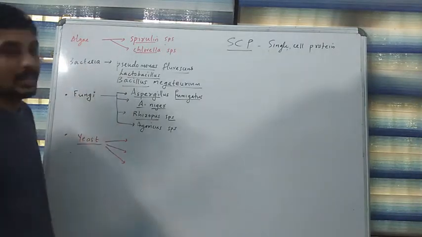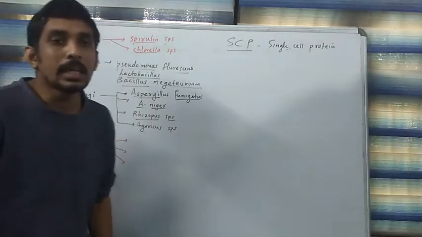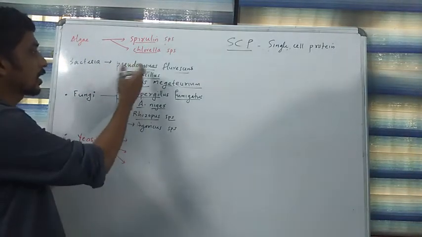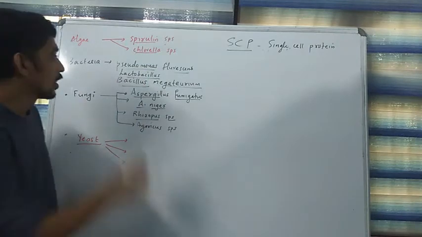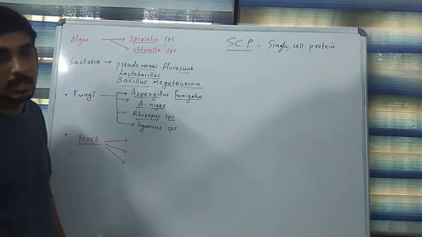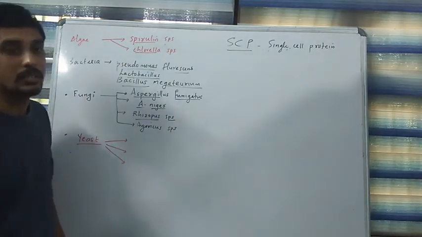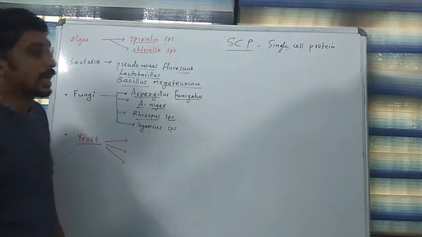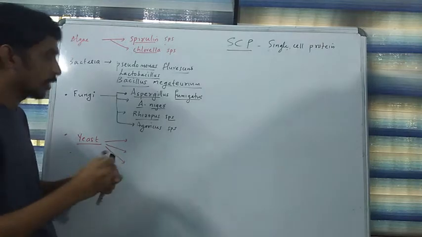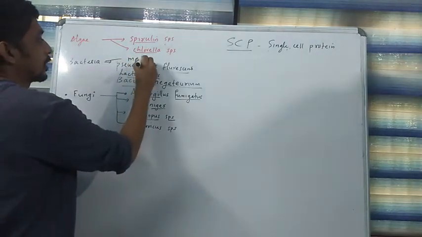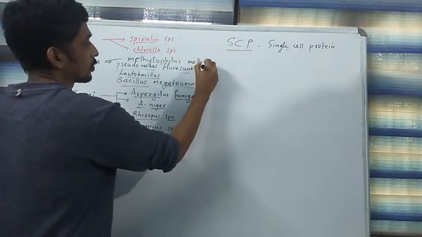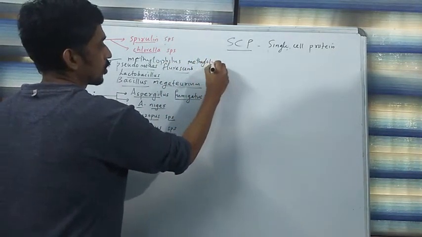When we take the case of bacteria, bacteria can also produce proteins. For example, Pseudomonas fluorescens, and Lactobacillus, which we are familiar with, is mainly responsible for converting milk into curd, and Bacillus megaterium, and Methylophilus methylotrophus.